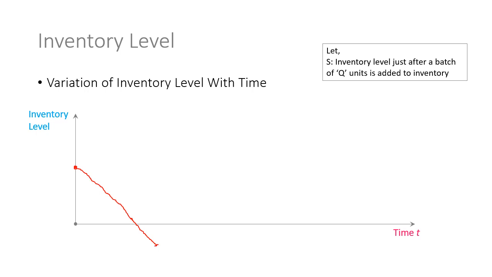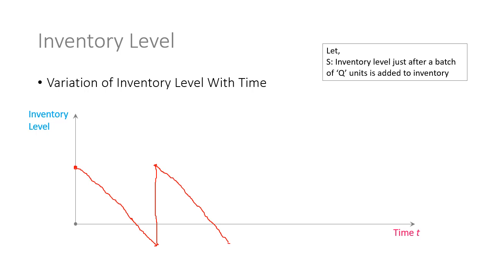At this point, let's say that the company places an order and Q units arrive. So now this is the inventory level. Again, this inventory level gradually decreases at a constant demand rate D, and we again allow the same amount of shortage to occur.